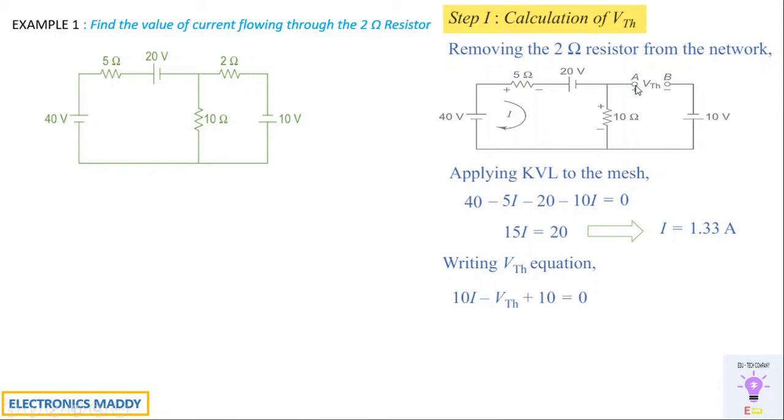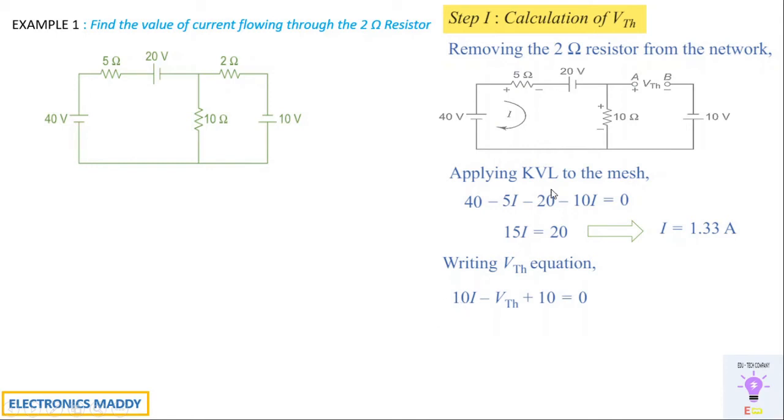We will be looking at this network in this direction. The current I is the flowing current, and since this is the point where you are assuming, there will be some amount of current flowing through the 10 ohm resistor. This is not a closed loop, but we can find the voltage at this point by considering the current that is flowing because of this loop.